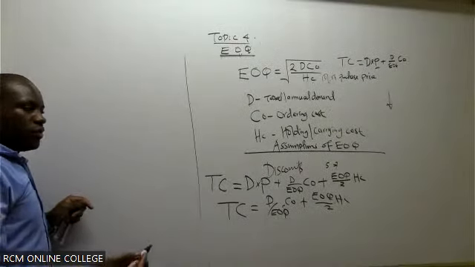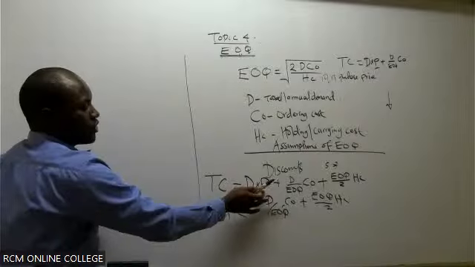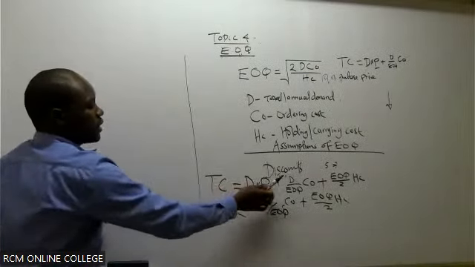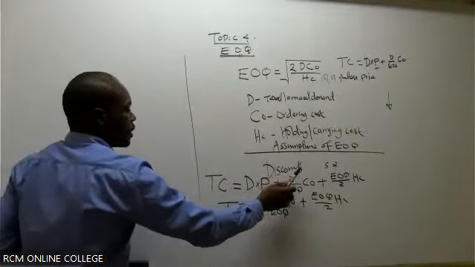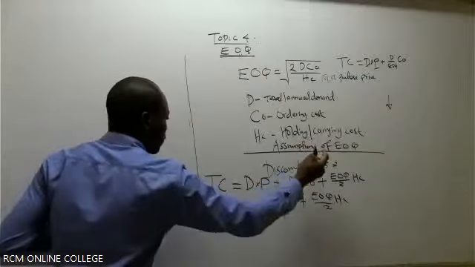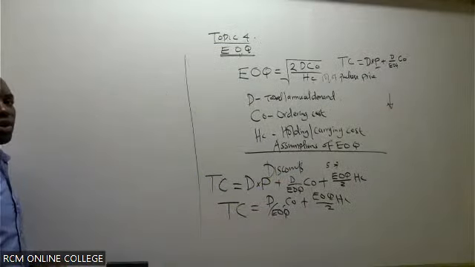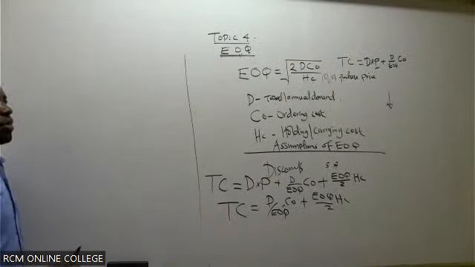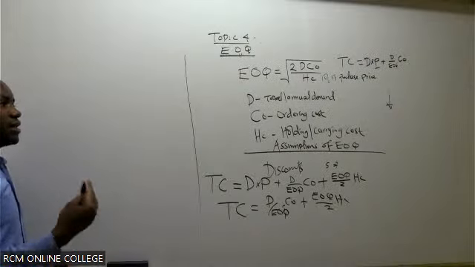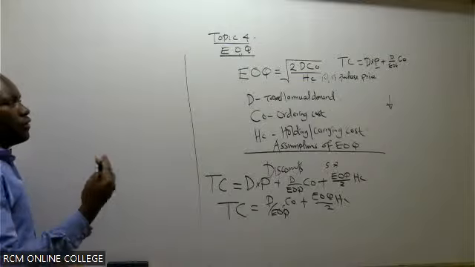In some cases you find they know this one here is constant, and therefore your total cost will not be affected by it, but will be affected by total ordering cost and total holding cost. So that is what we need to understand as we get to look at an illustration for this particular concept.